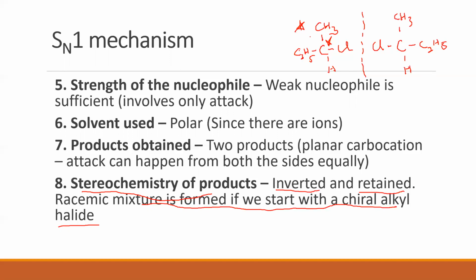I want you to find out whether you will get a racemic mixture or not. Clear? So I want you to take this as homework. This compound, whatever is mentioned here, I want you to do the SN1 mechanism for that. Look at the products that are formed, both inverted as well as retained. Clear? Find out whether a racemic mixture is formed. That's the first homework.